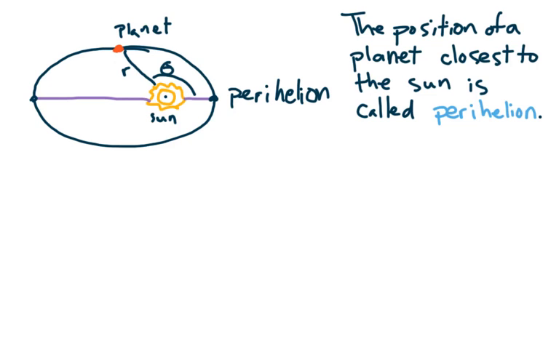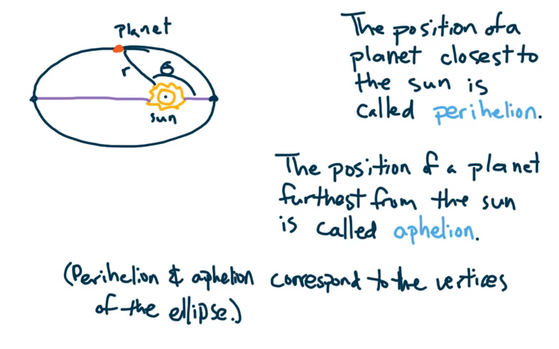But you've got another vertex, and this one is going to be as far away as the planet can get. This is going to be called the aphelion. So you've got perihelion, the closest position, and aphelion, the absolute furthest position from the sun.